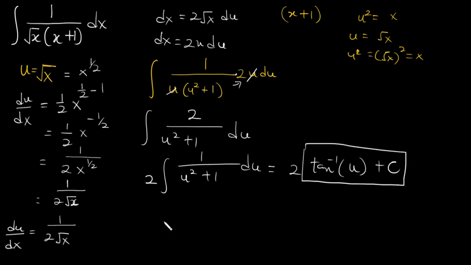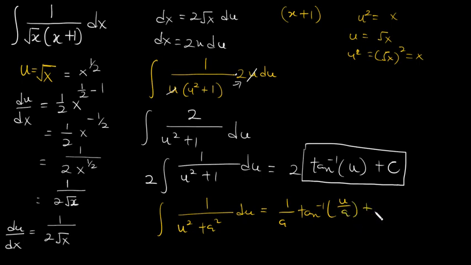We know that if you integrate a function of the form 1 over u squared plus a squared du, this will give us 1 over a multiplying the tan inverse of u over a plus c. If you have something of this form and you integrate it, this is what you are going to get.